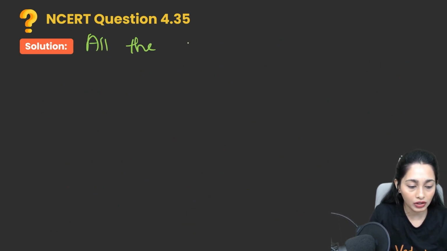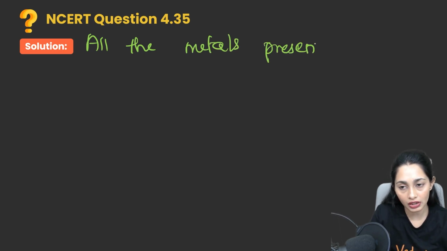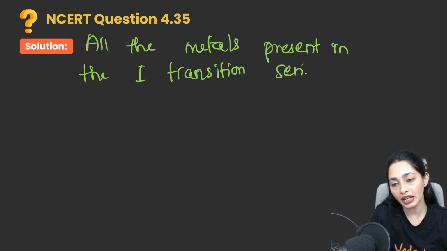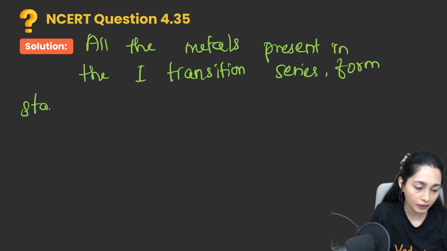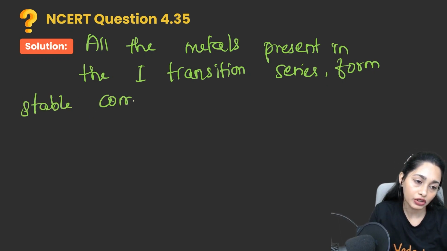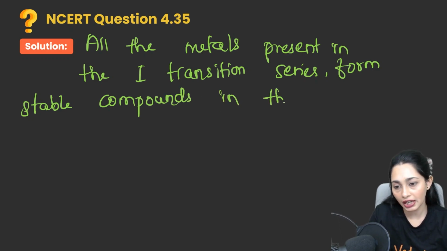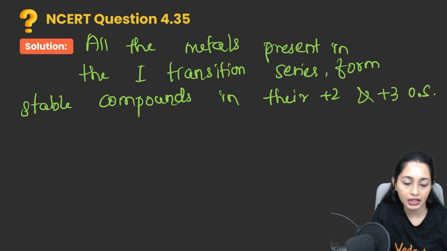All the metals present in the first transition series tend to form stable compounds in their +2 and +3 oxidation states.